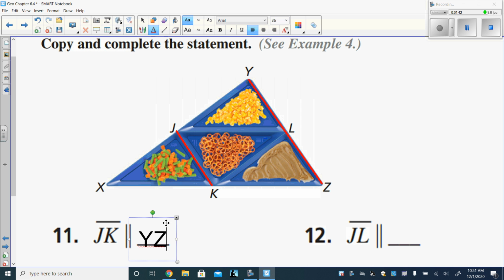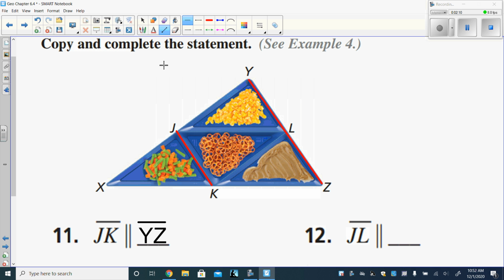So it'll be parallel to line YZ. These two lines are going to be parallel. Now you could have called it YL or LZ or LY, any way to name this line, but these two lines here are going to be parallel because JK is one of the mid-segments.